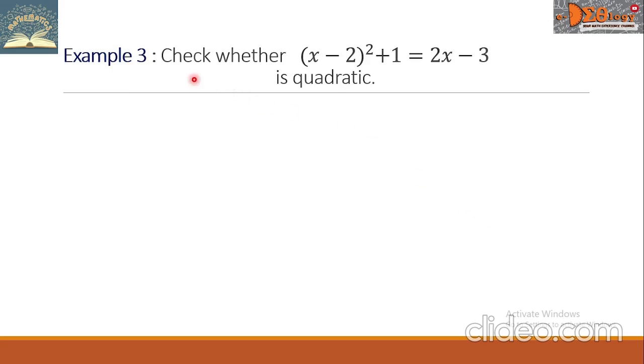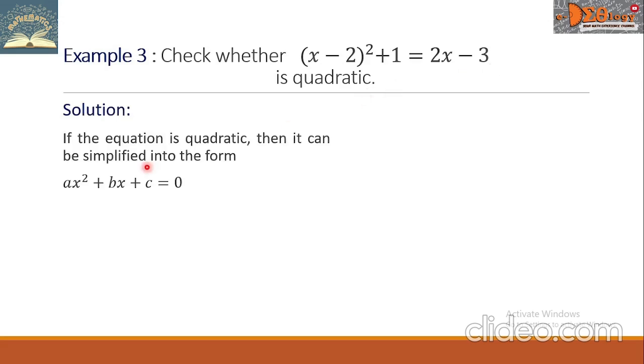Example 3. Check whether the square of x minus 2, then plus 1 equals 2x minus 3 is quadratic. If the equation is quadratic, then it can be simplified into this form. So let us simplify the equation. Let us simplify the square of x minus 2.